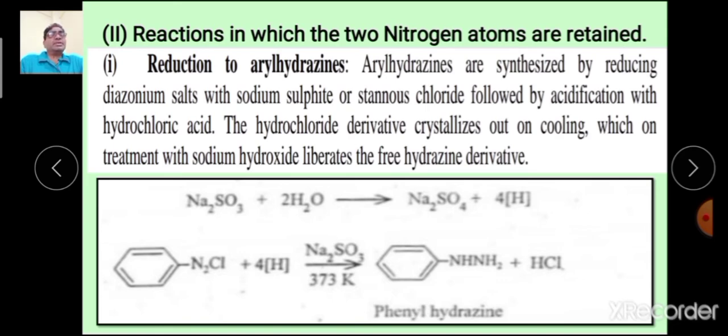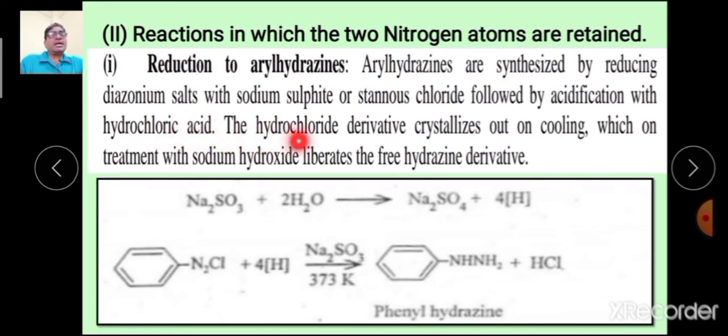These aryl hydrazines are synthesized by reducing BDC, that is benzene diazonium salt, with sodium sulfite or stannous chloride, SnCl2, followed by acidification with hydrochloric acid.